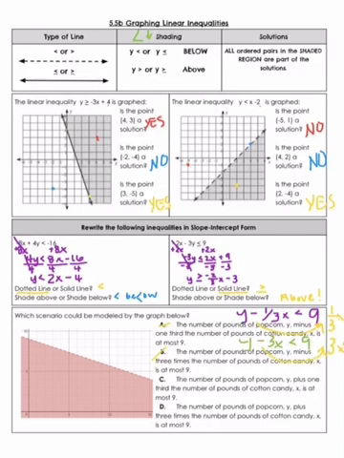The next one, we have the number of pounds of popcorn, y, plus 1/3 the cotton candy is at most 9. All right. So then we would move the positive 1/3 x over, which would give us a negative slope.